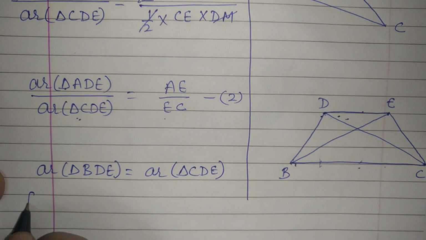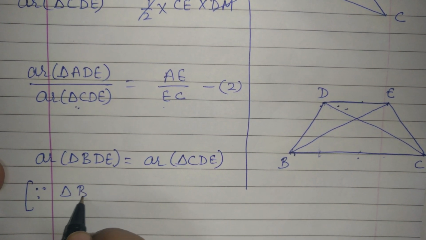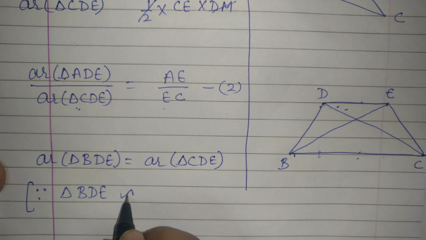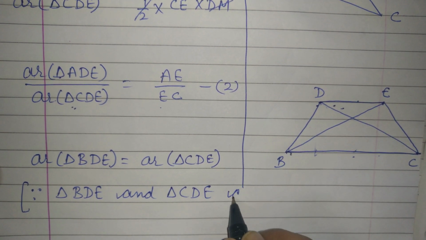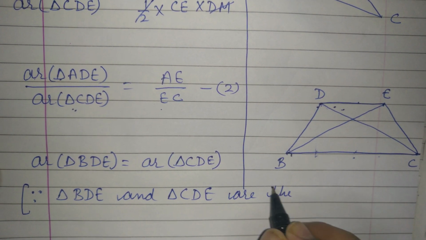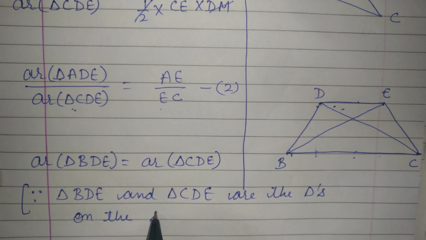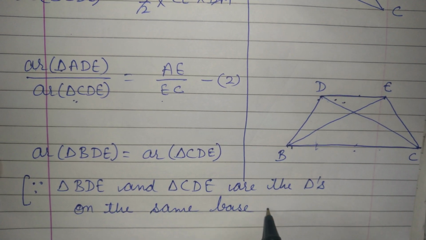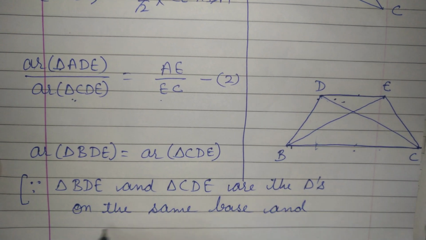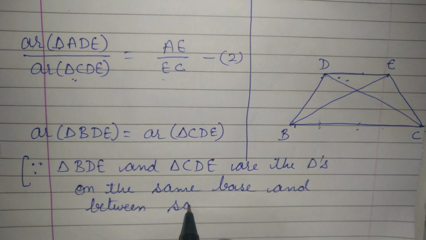So we can say, we have to mention reason here, triangle BDE and triangle CDE are the triangles on the same base and between same parallel lines.